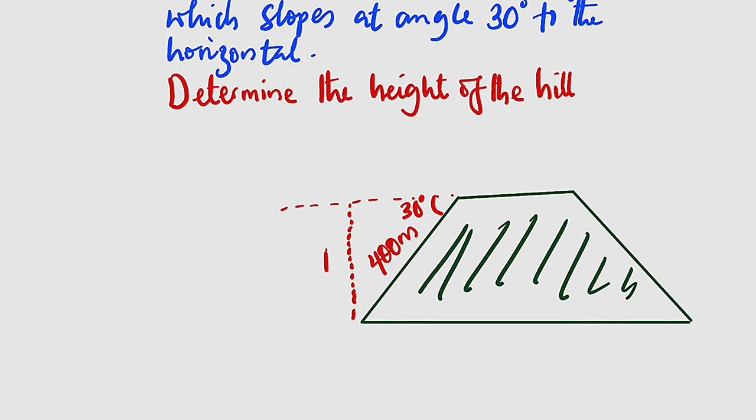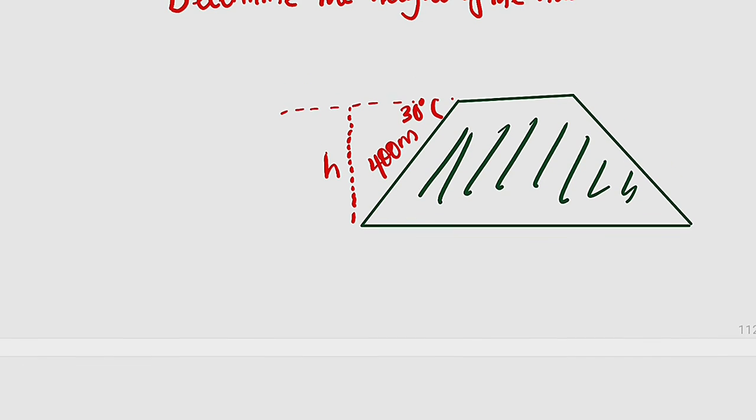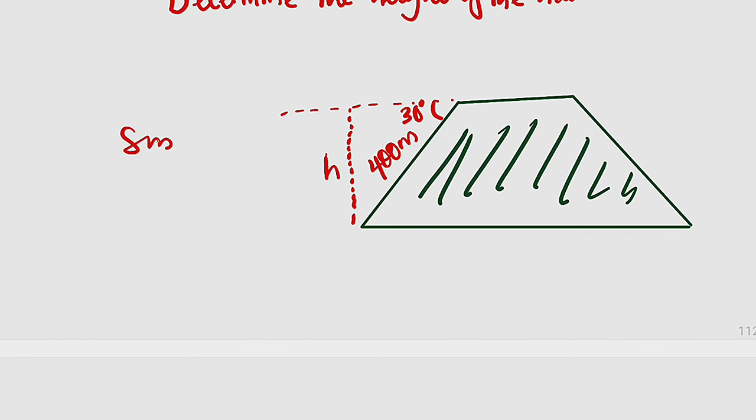Remember, we are looking for the height. This is the height, right? So if you look at this angle to the height, they are opposite to each other. And this is our hypotenuse, which is the inclined surface. So we can use sine ratio, right? So sine of 30 degrees will be equal to opposite divided by the hypotenuse, which is 400.